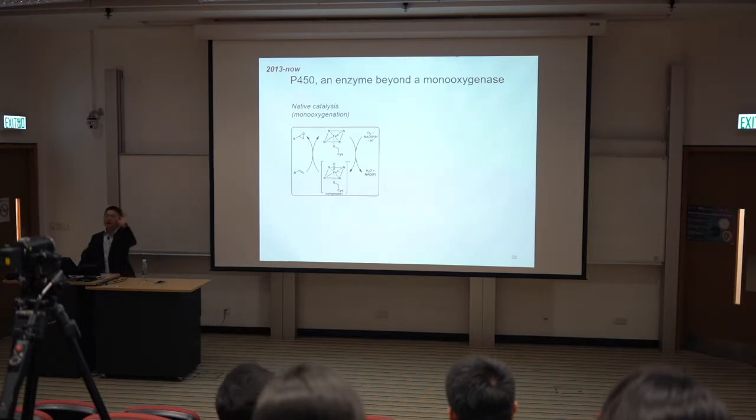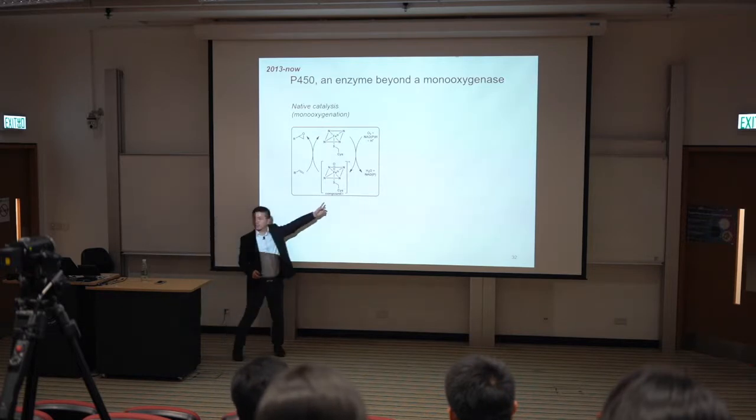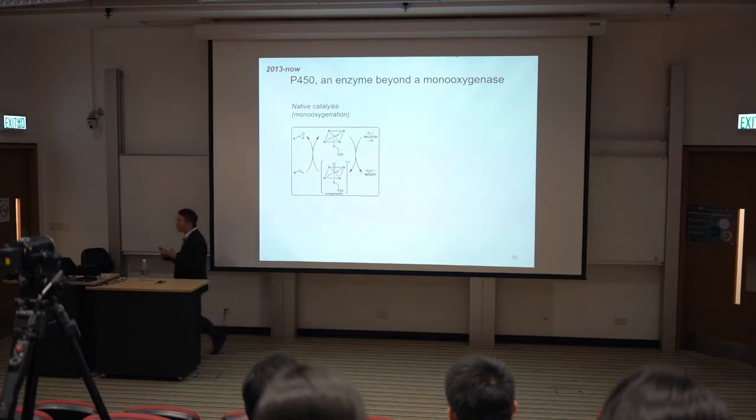It has an iron center, which sits in the center of the protein. There's a hydrophobic pocket. In the presence of oxygen, it gets converted into this widely famous compound known as compound I, an oxo iron(IV) complex. This is the reactive species that can activate the C-H bond and insert oxygen to create a C-O bond.